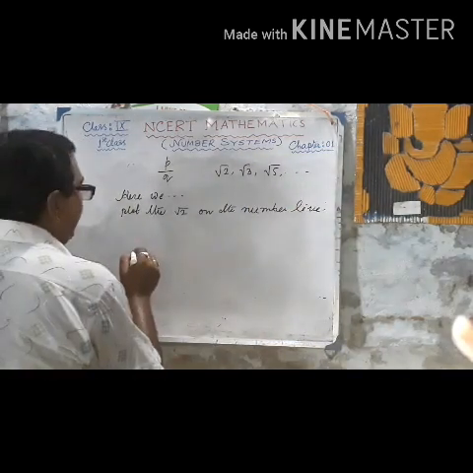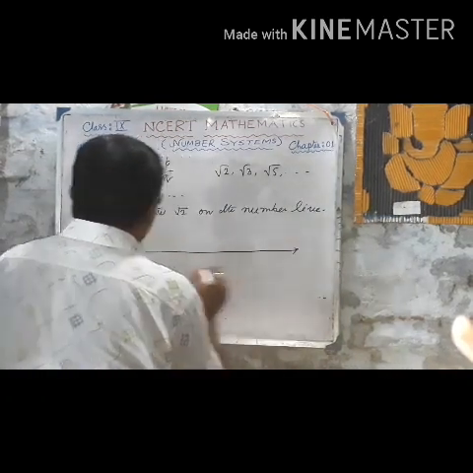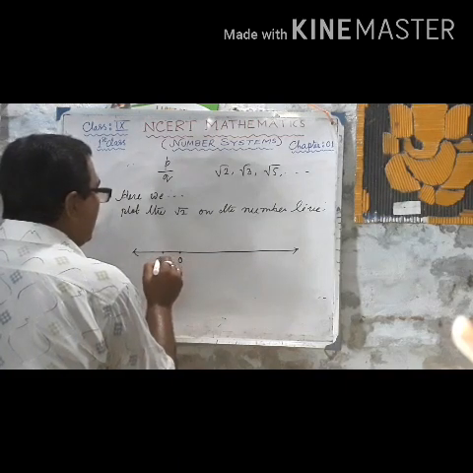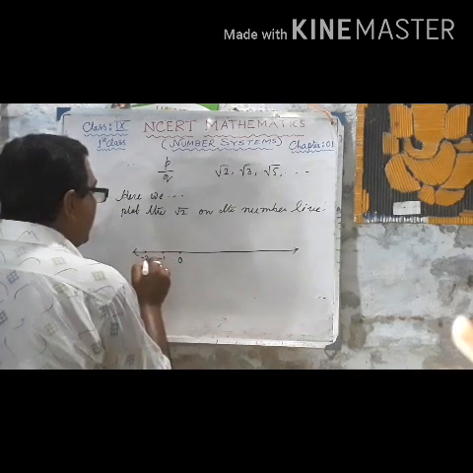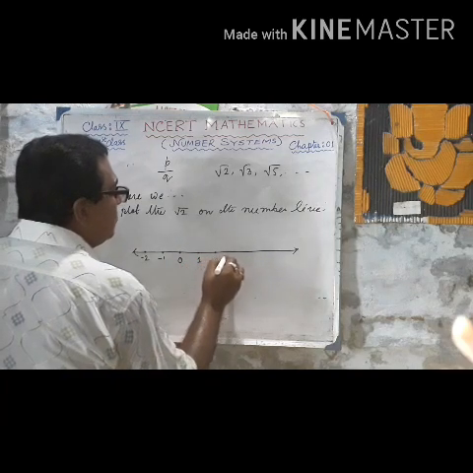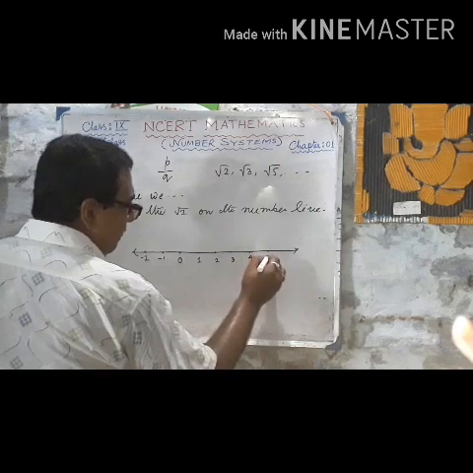So first we have to draw the number line: 0, minus 1, minus 2, 1, 2, 3, 4, 5, and so on.